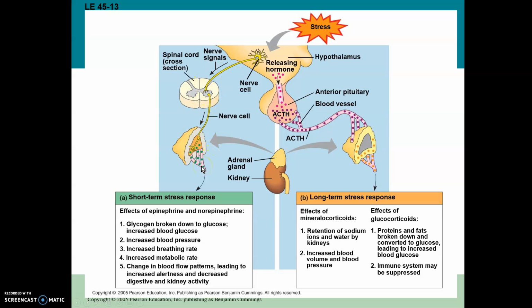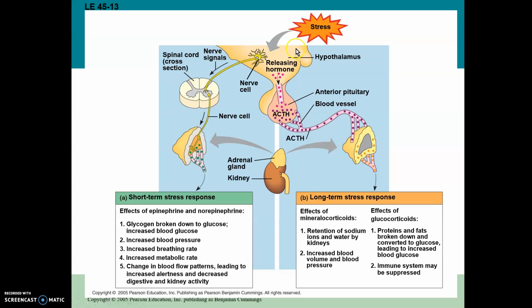And so you get this synapse, which then causes the adrenal glands to release epinephrine or something called norepinephrine. And here's the list of things that happen: break down the glycogen, increase blood pressure, increase breathing rate. You're now metabolizing that glycogen and that sugar. You have more blood flow going to your muscles and away from your digestive system and kidneys. And so this is that fight or flight. It's pretty straightforward, short-lived, very fast.